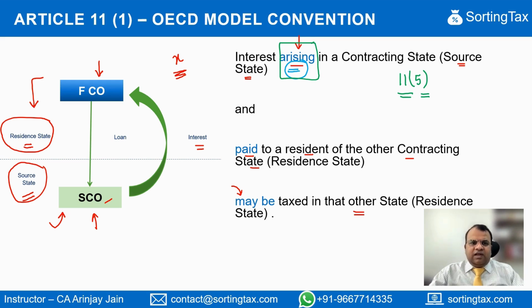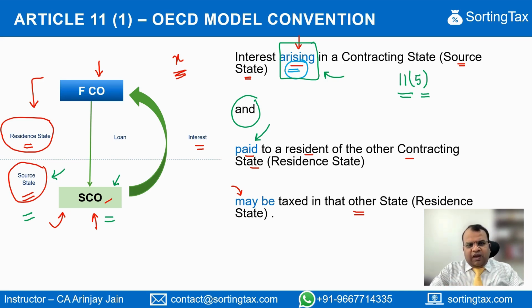Article 10 says that the right to tax dividend will be with the state of the company which makes the payment of dividend. So if the company itself is situated in the source state or is a resident of the source state, then the right will be given to the source state. However, for the taxation of interest, it says that interest should arise in a contracting state and it should be paid to a resident of the other contracting state.